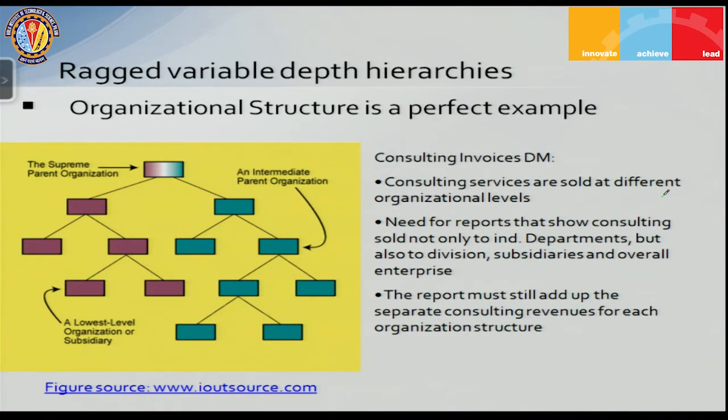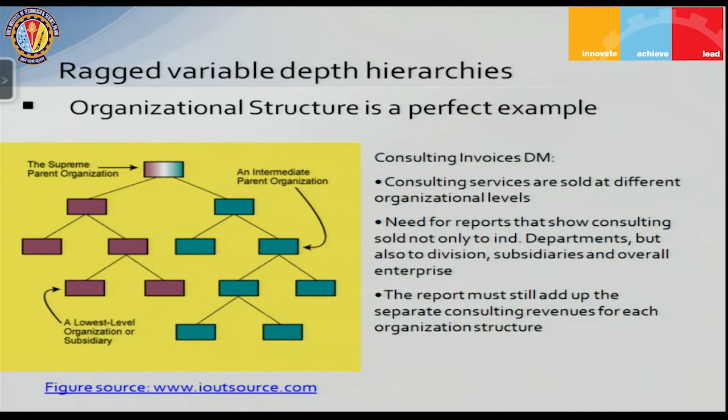So I'll first try to give you some examples, and then we'll talk about the solution to ragged variable depth hierarchies. Organizational structure is a perfect example of this. Suppose there is a consulting firm, and there is a consulting invoices data mart that has been designed.